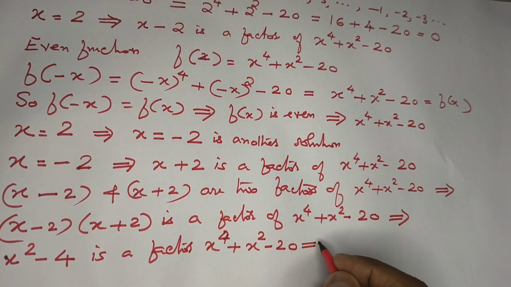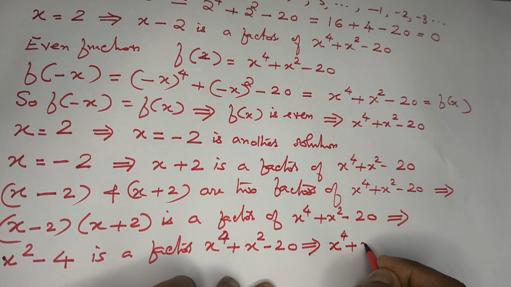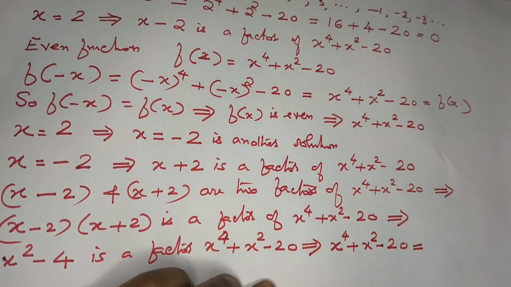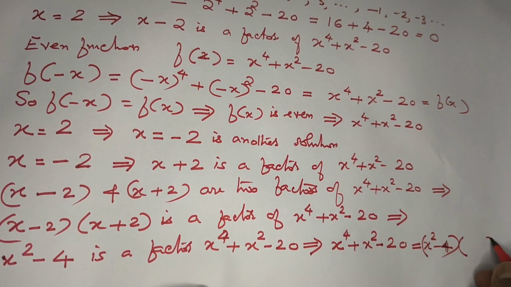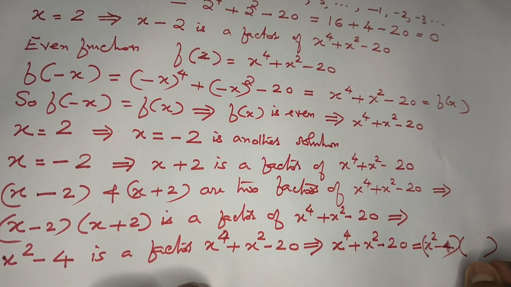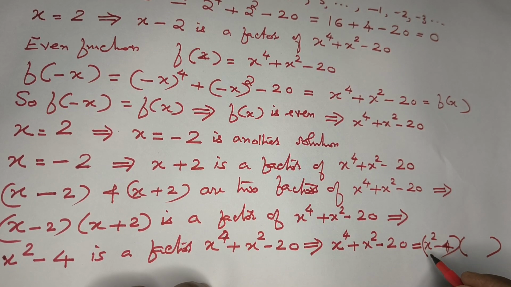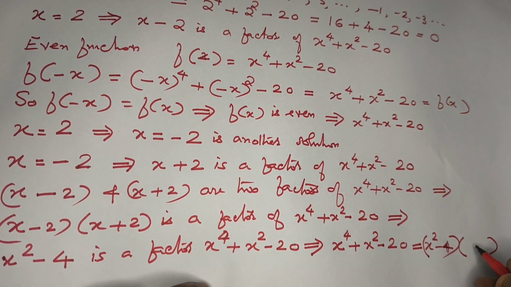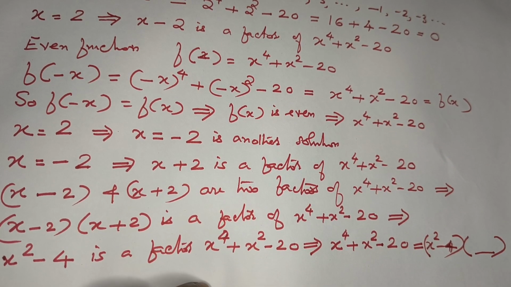This implies x power 4 plus x square minus 20 is equal to x square minus 4 into another quadratic polynomial. So this fourth degree polynomial gets split into a product of two quadratic polynomials. One of them is this. There is another quadratic polynomial coming here. How do you find this quadratic polynomial?